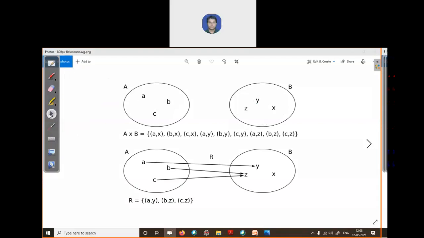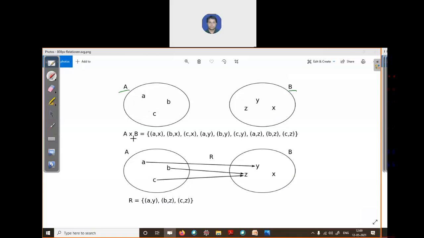Just consider we have two sets, set A and set B. Set A has three elements A, B, and C, and set B has three elements X, Y, Z. I'm sure the definition of a set is clear.